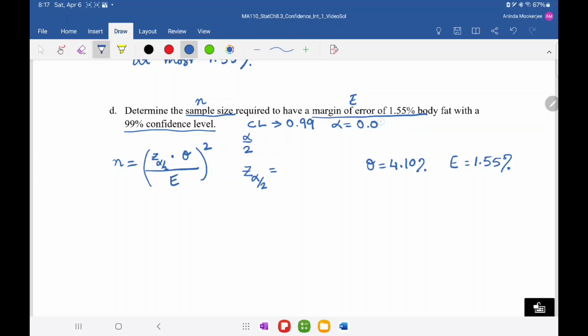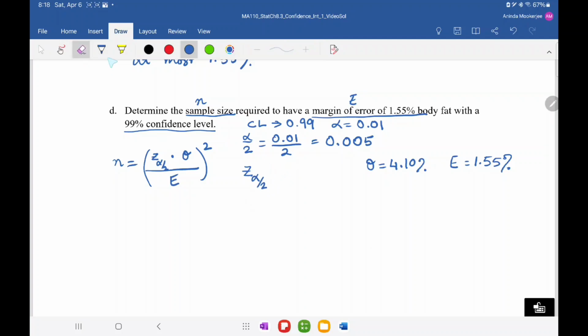And therefore, alpha by 2 will be 0.01 divided by 2. So it's going to be 0.005. All right. Don't make the mistake. 0.01 divided by 2 is 0.005 and not 0.05. All right. So be careful about that. Don't miss out on one extra zero here. So we have to find Z of 0.005.